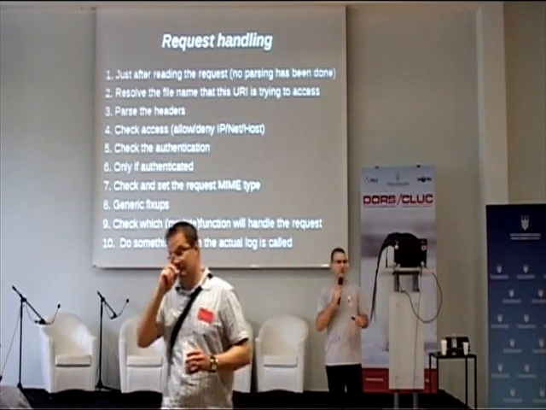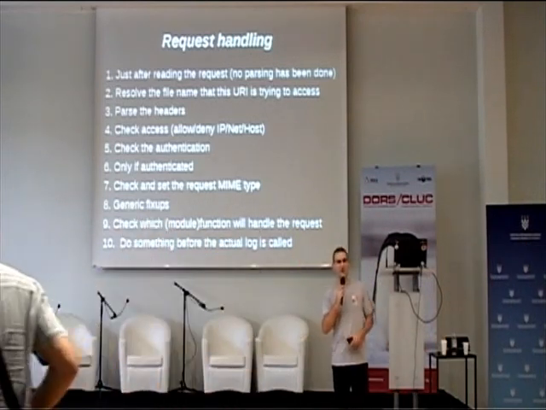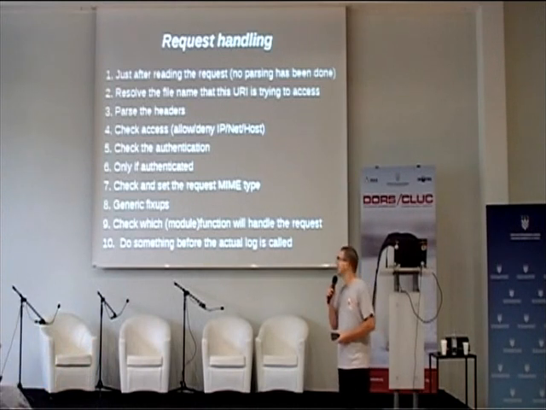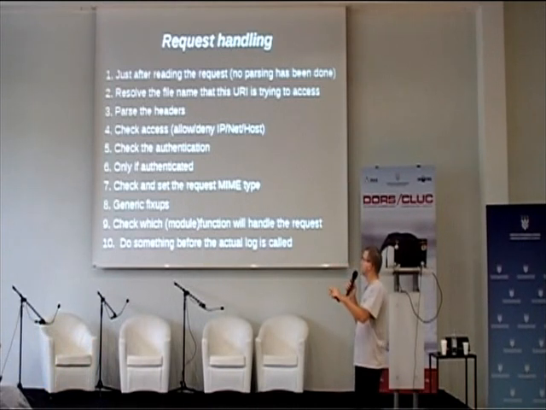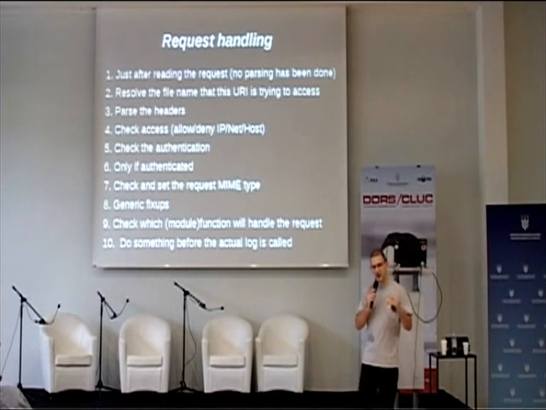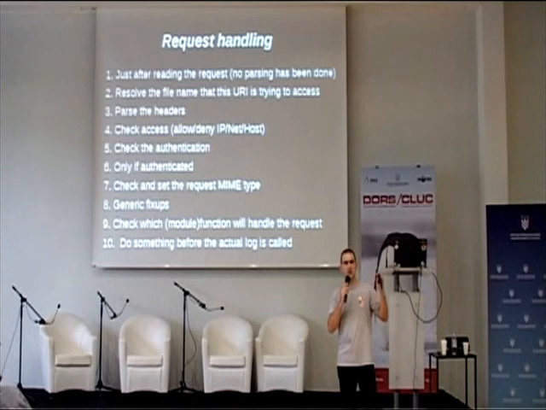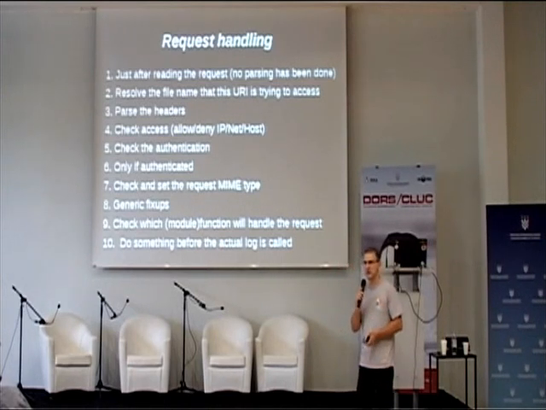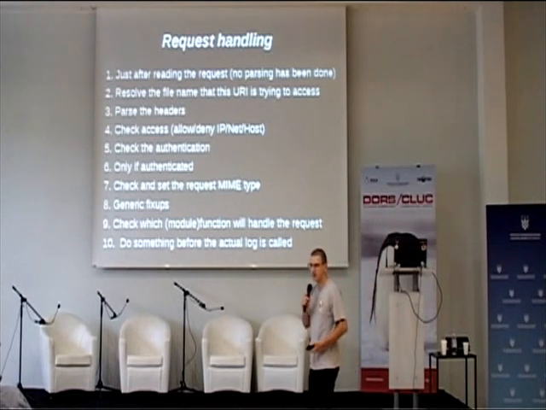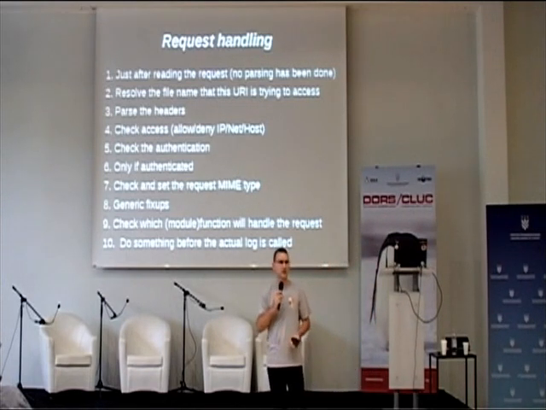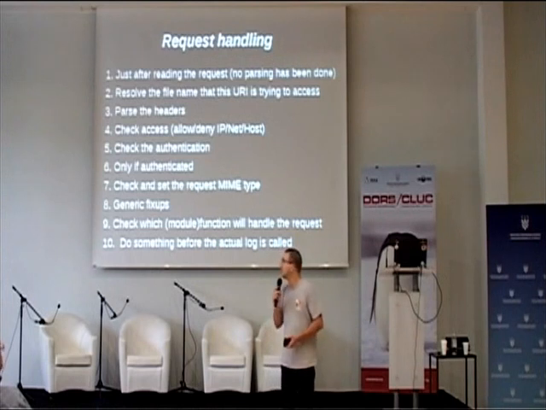I'm starting with Apache 1.3 because it's still the fastest of all of them. So you can start just after reading the request, getting all the request text at Apache, you can start and test this, read it, parse it, whatever you want to do, or even log it.